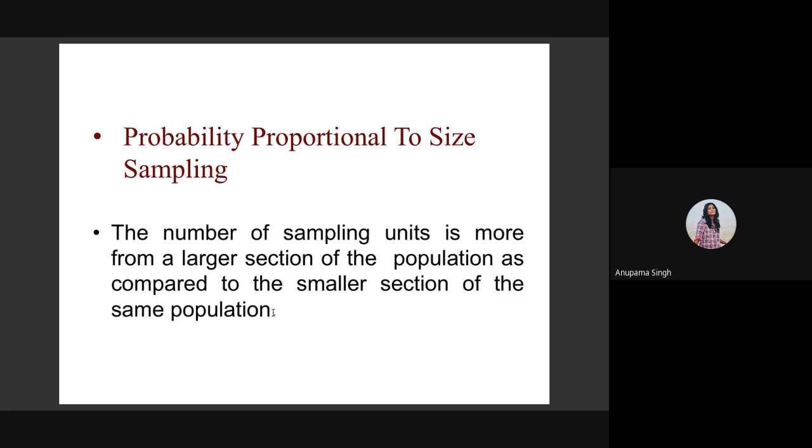So say if a population is, say, 10,000, right? Then we say we will take 0.3 proportion, 0.3% of that population, right? So 0.3% of the population from 10,000.